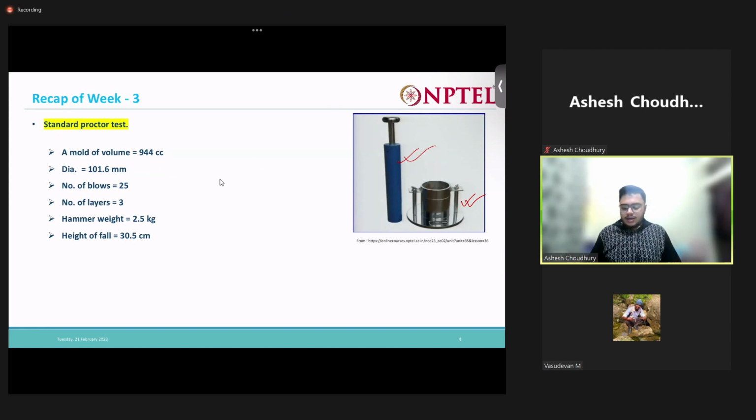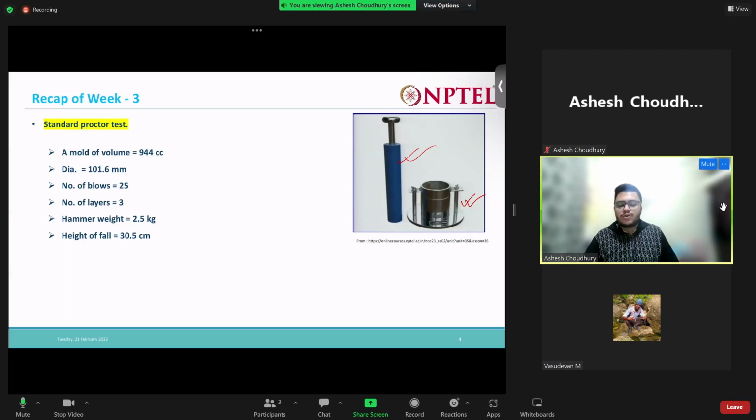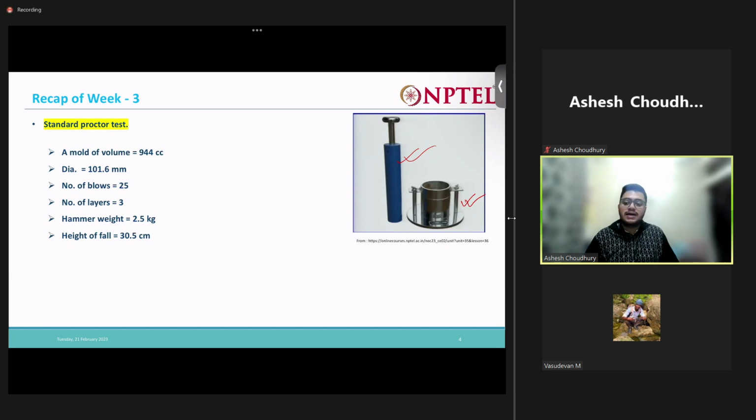There is one standard Proctor test and one modified Proctor test, and also there is one Indian standard. These are the parameters of the standard Proctor test. The volume of this mold is fixed at 944 cc. The diameter of this mold is fixed as 101.6 mm.